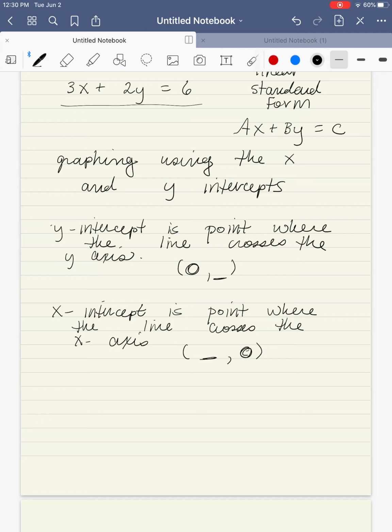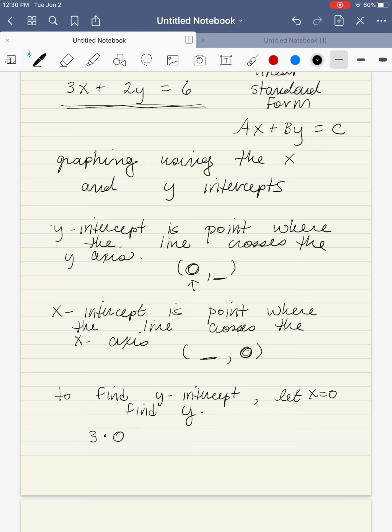So to find the x and the y-intercept to graph this equation, 3x plus 2y equals 6, what we're going to do is to find the y-intercept. We know that x has to be 0. So we're going to let x equal 0 and find y.